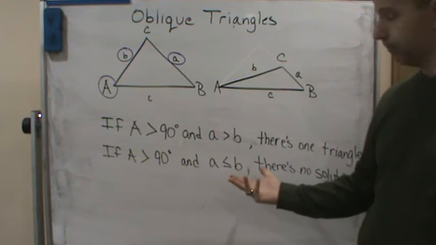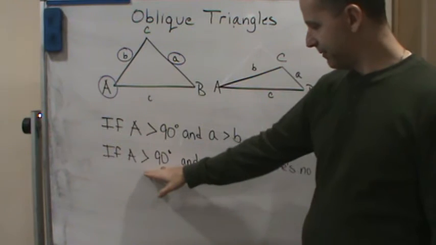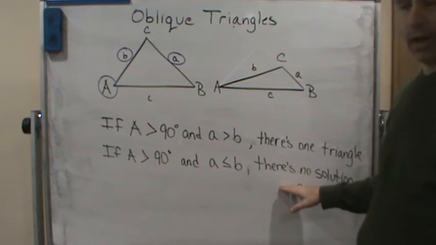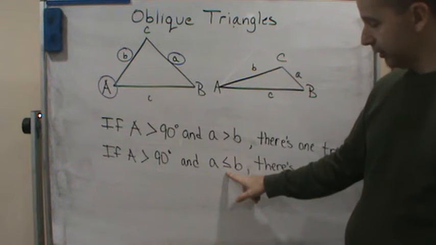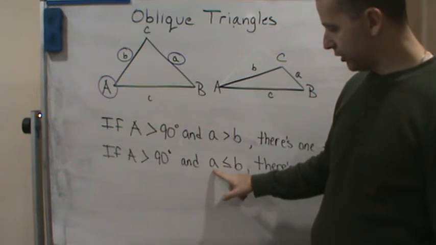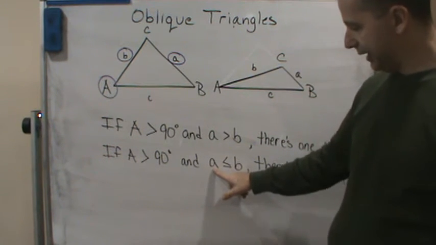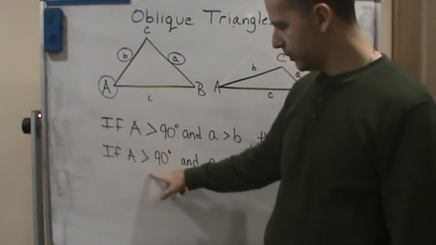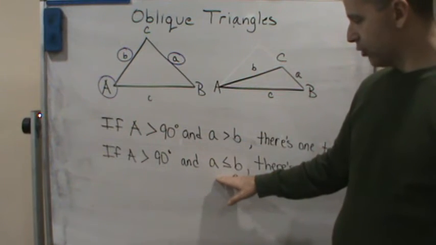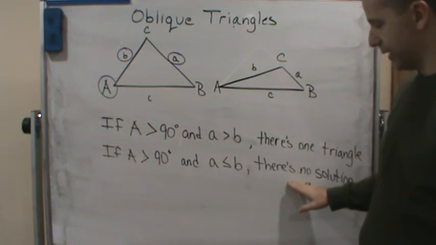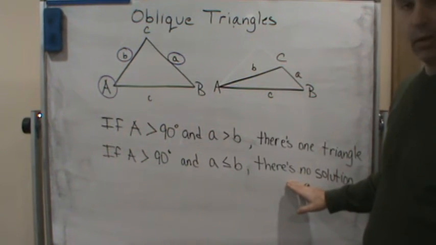Has to be. And so that makes sense that if this is the case, there cannot be a triangle because it violates what we know to be true about all triangles, that the longest side is always across from the largest angle. And this violates that. So in this case here, we know that there cannot be a real triangle.